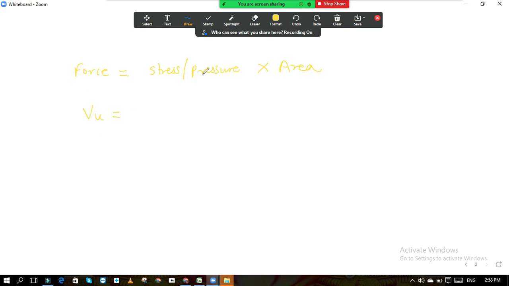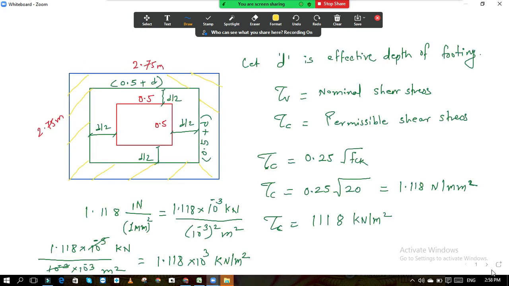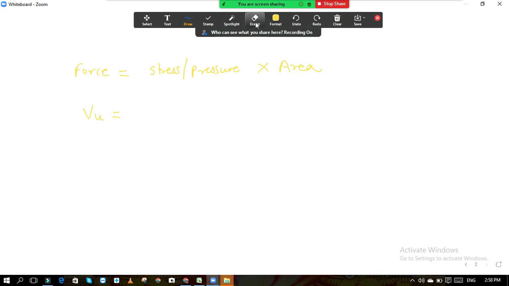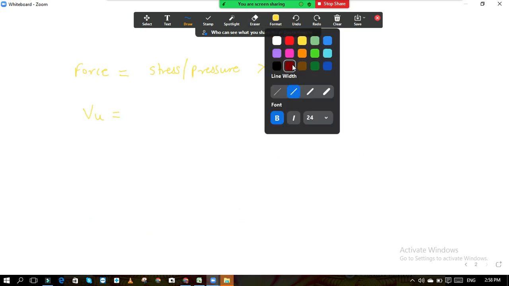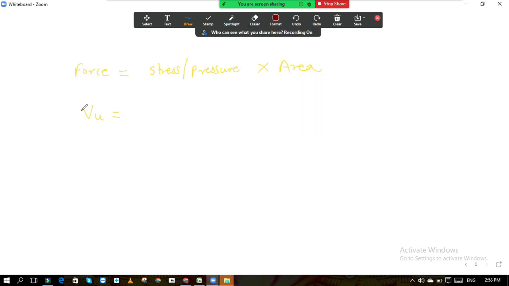Stress or pressure: here we know the value of soil pressure. What was the value of soil pressure? We have calculated it now. Let me know the value of soil pressure.